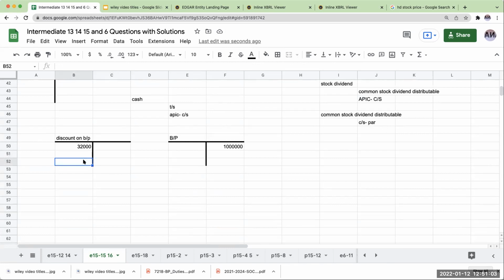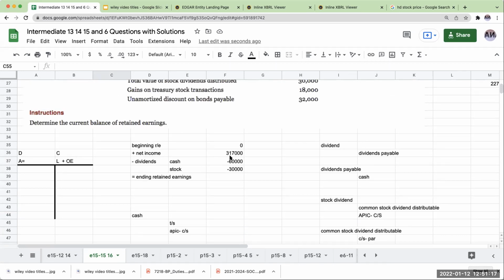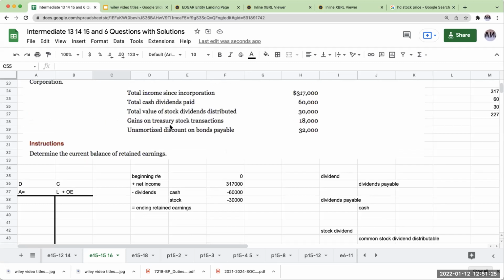The discount is ultimately amortized to interest expense. The unamortized portion is sitting on our balance sheet, and any amortized discount would already be included in the income since incorporation. So this unamortized discount is a contra liability account that reduces the carrying value of our bonds payable. Therefore, it has no impact on our statement of retained earnings.